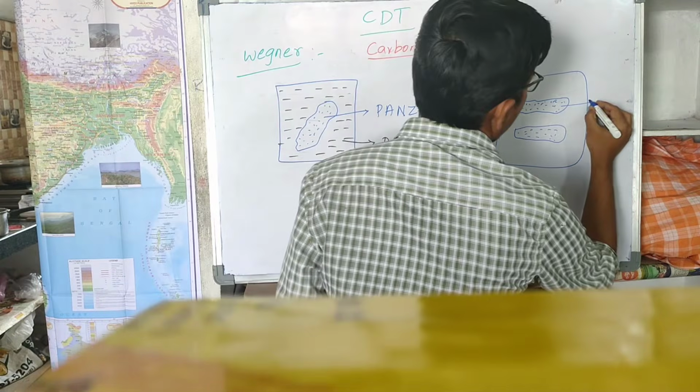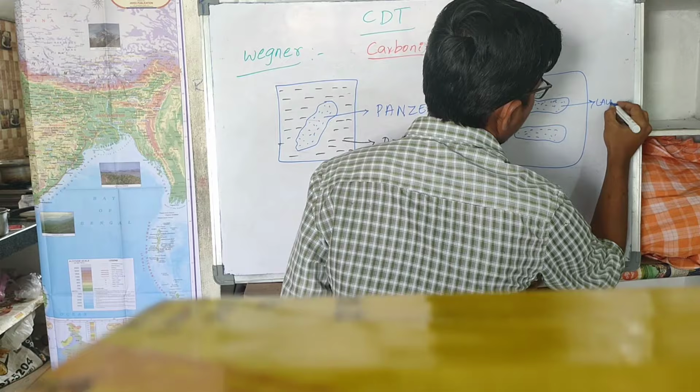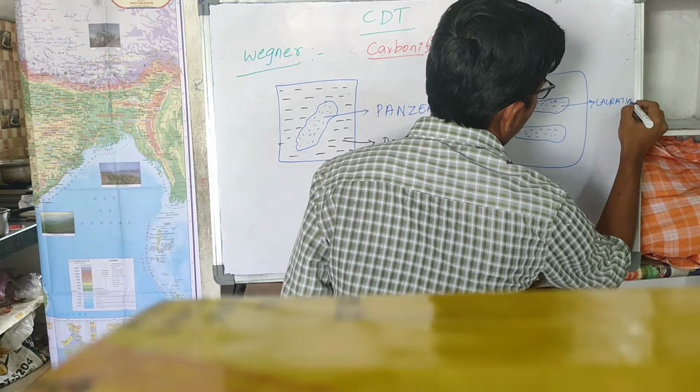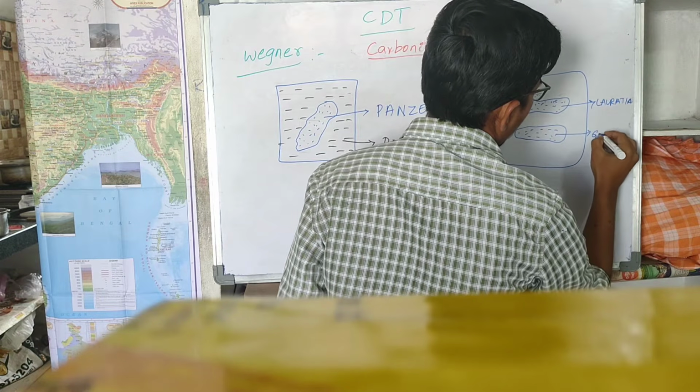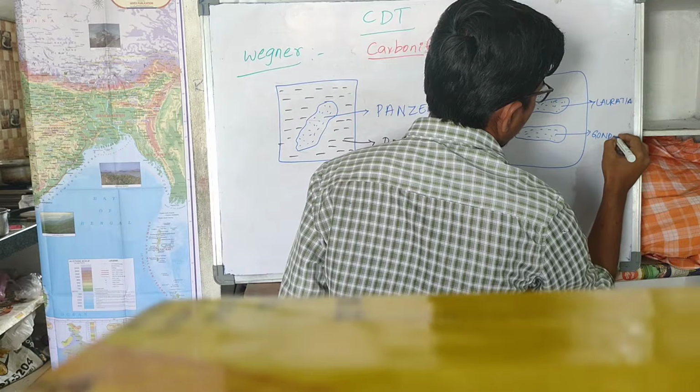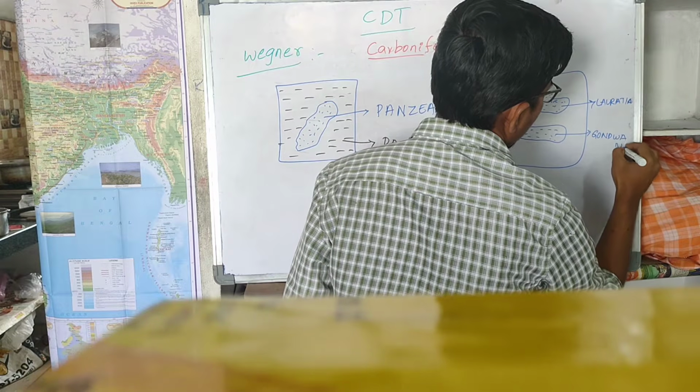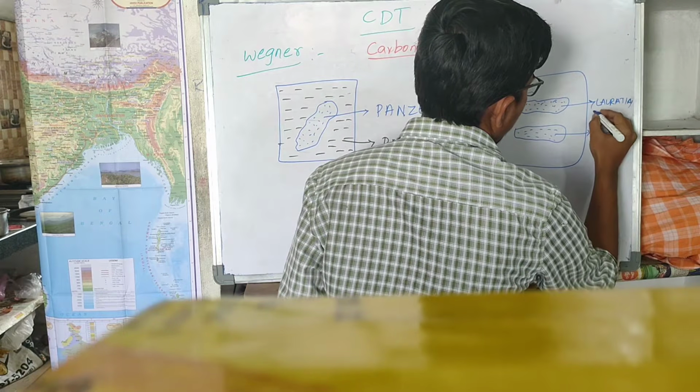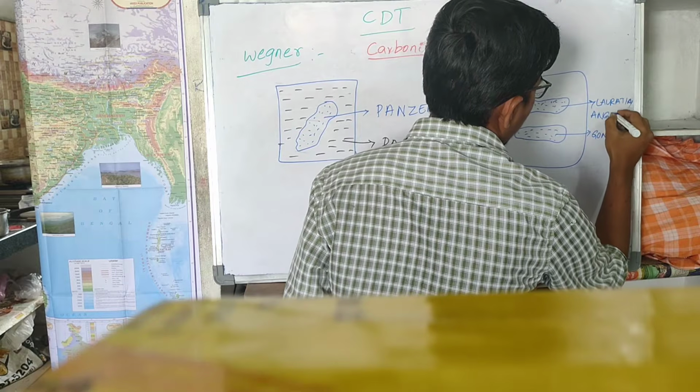One is Laurasia and the second one is Gondwana. Laurasia has another name, that is Angara.